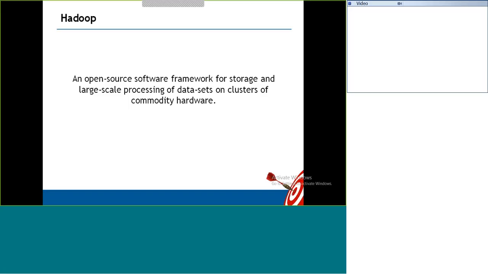And then MapR, they have taken the open source and are developing their own products, so that you get the open source code as well as the software. So Hadoop is an open source software framework. You know what a framework is, right? It is a kind of skeleton it provides. A framework means it provides some APIs.